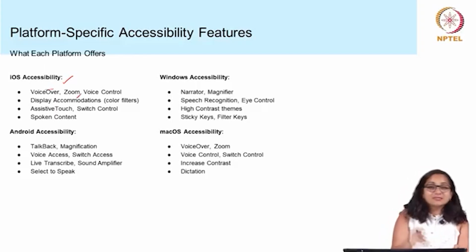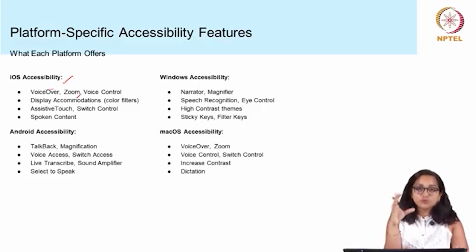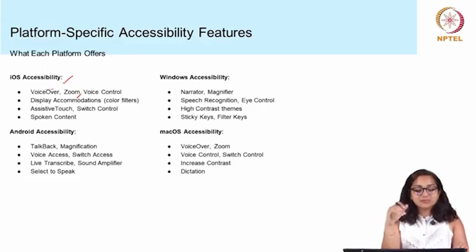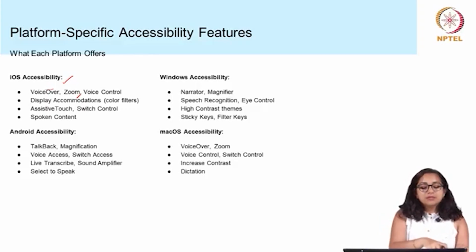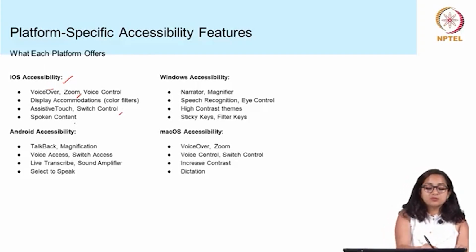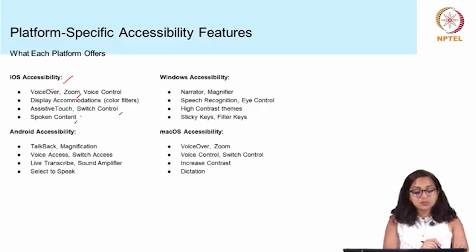So Zoom here is the option where you can zoom and enlarge printed text, right? It is something that low vision individuals use. Display accommodations, color filters, assistive touch, switch controls, spoken content, all of those things.